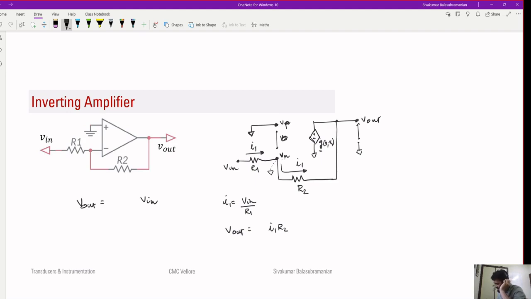Here, V out is the voltage measured with respect to ground, right? And Vn is at ground, so if you assume a positive value for Vn, the current is flowing from ground to V out. So what would be the sign of V out? Minus. It has to be negative. That means V out is at a lower potential than Vn.